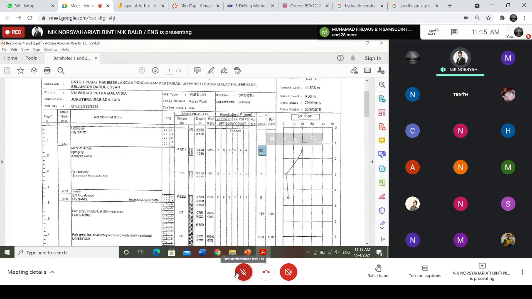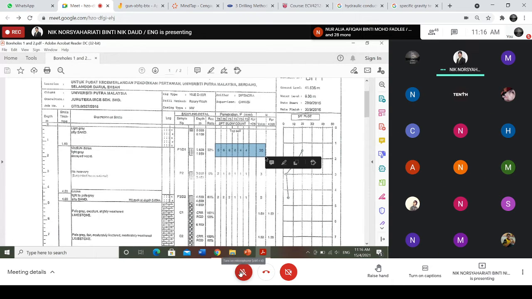I think Dr. Zainuddin has explained it to you, and some of you may still remember how to get the total N value. You still remember how to get it based on these numbers? No idea?